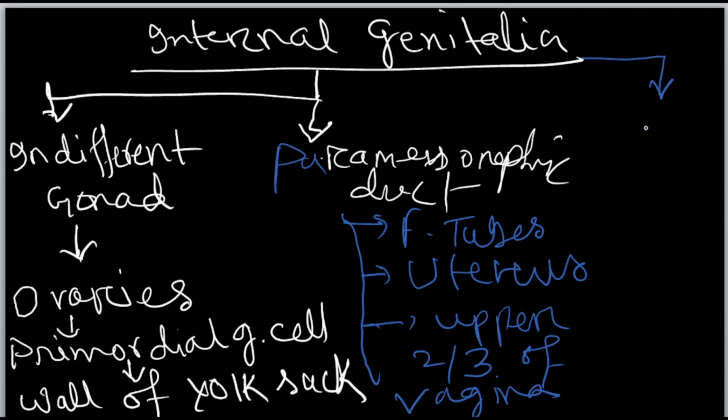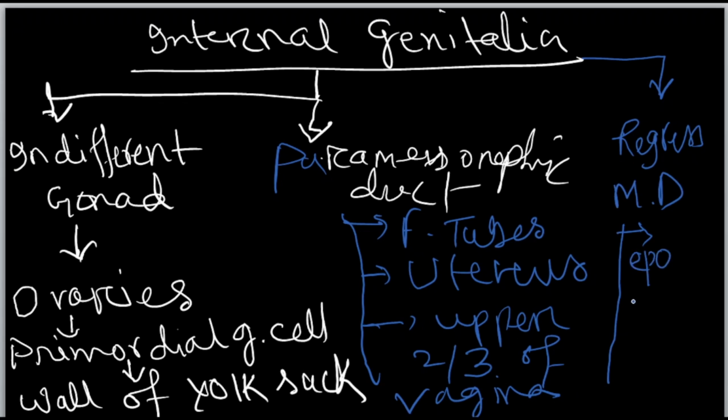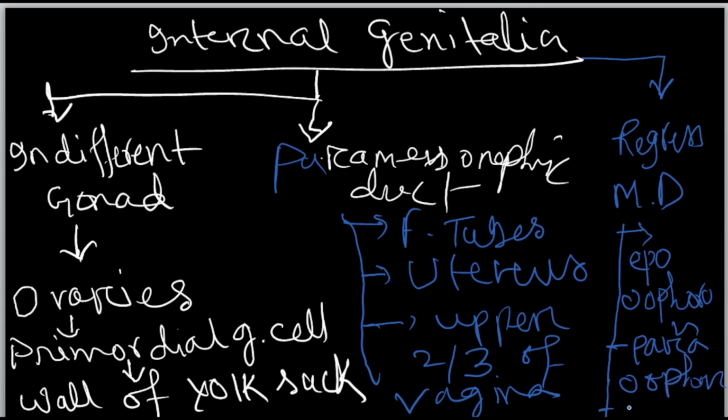Due to the absence of dihydrotestosterone, there is regression of the mesonephric duct. This regressed mesonephric duct gives rise to hypoophoron, paraophoron, and upper part of Gartner duct.